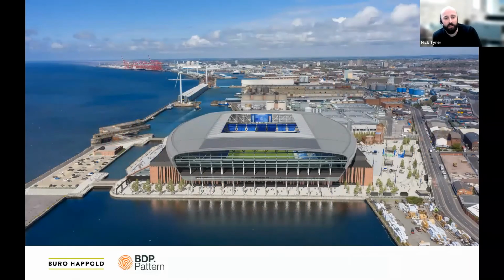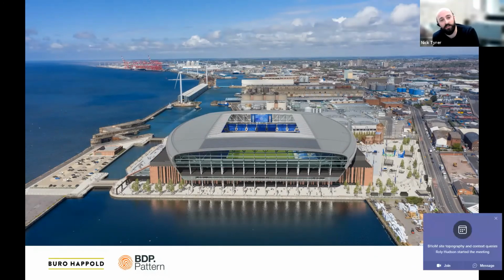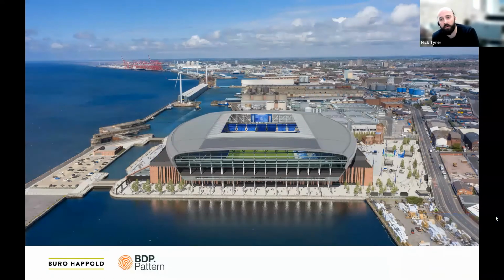And then I think one of the more interesting aspects of the whole project at the moment is essentially the wind on the site. Anyone that's been along the riverfront in Mersey knows it's an amazing location for a stadium, but it does have its own challenges.